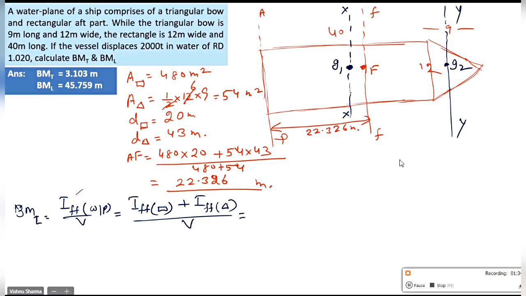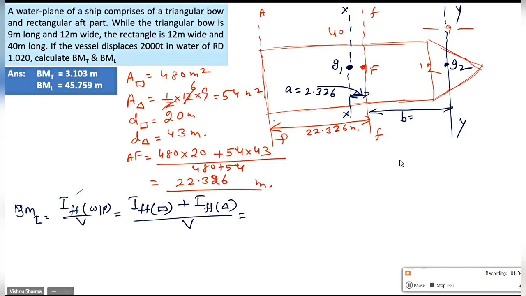Now, guys, what is this distance equal to? Let me call it A. A will be equal to 2.326. Yes or no? If you load the diagram, it will become much easier. Put everything on the diagram. It is 22.326 minus 20 meters. Correct? Yes, sir. And what will be this distance from FF, which is B?